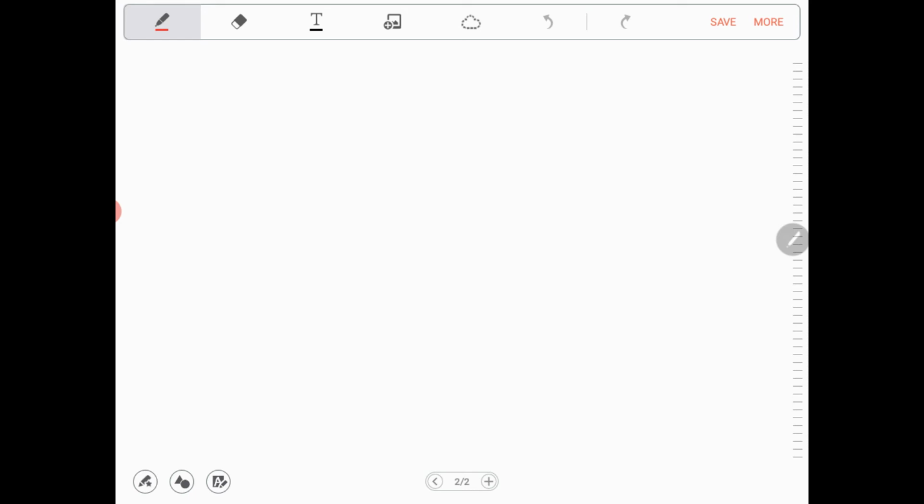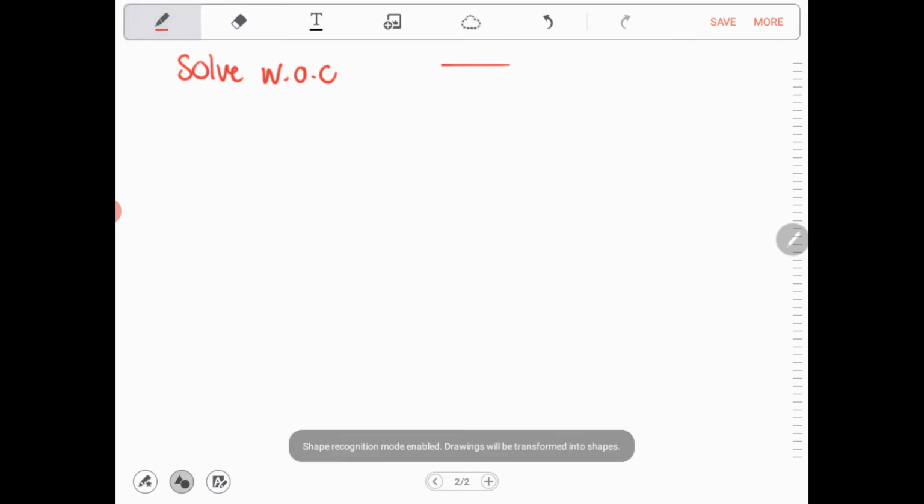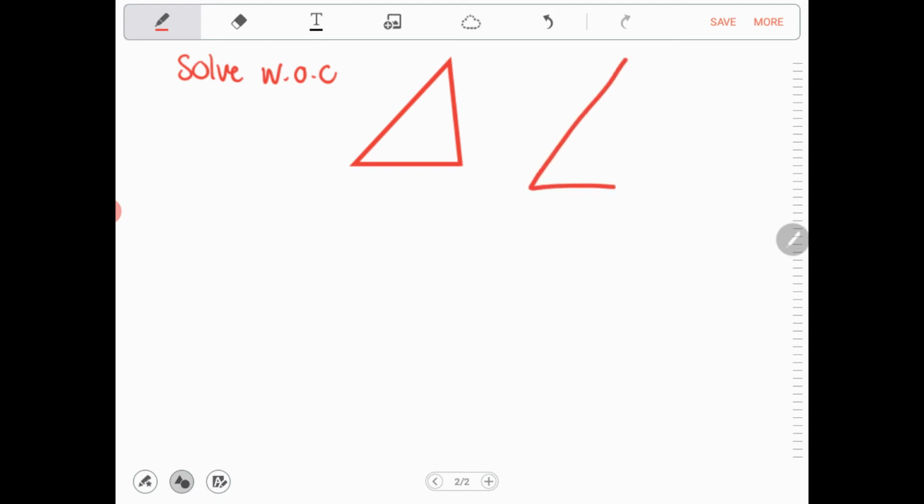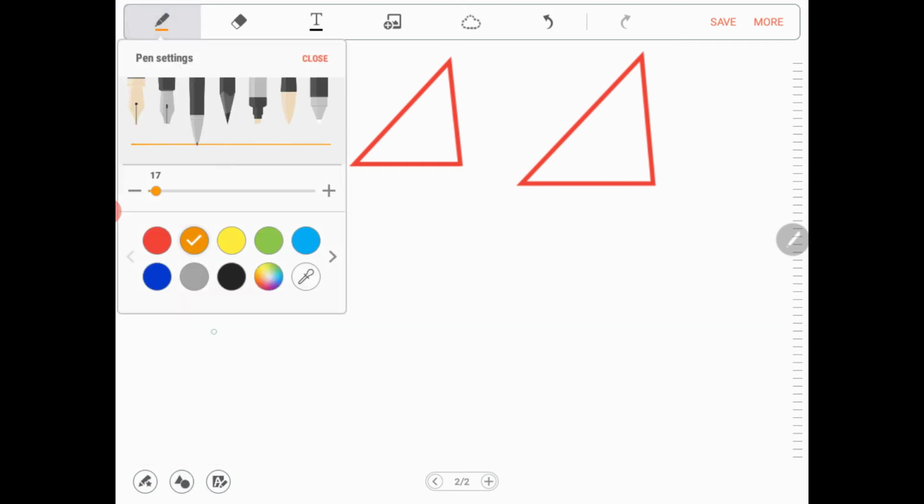Okay, so we're going to use our special angle triangles to solve equations now.